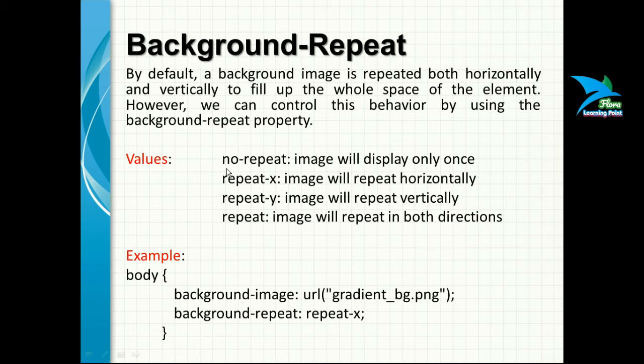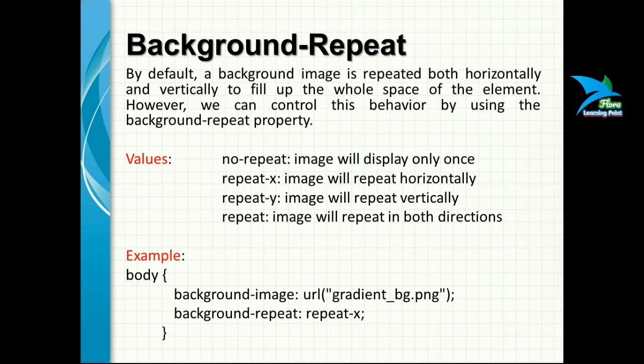So we are having four values for this property. One is no repeat. The image will display only once, that will not repeat the image again and again. Then next we are having repeat X. The image will repeat horizontally only. Then next we are having repeat Y. That means the image will be repeated vertical only.